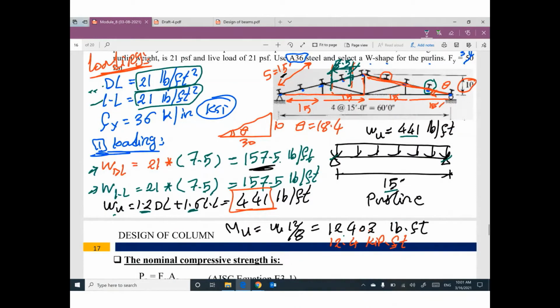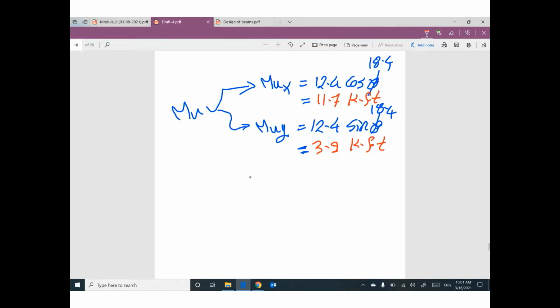So the final conclusion, we have a simply supported beam with a span of 15 feet under the effect of W ultimate 441 pound per foot. The bending moment for this simple beam will be WL squared divided by 8, equal this number, 12.4. But this moment does not match well with the axis. Why? Because this purlin is supported by tilted or sloped members. So in this case, this moment will be broken to two components, M ultimate X and M ultimate Y. Next step.